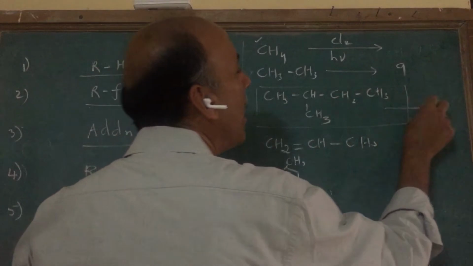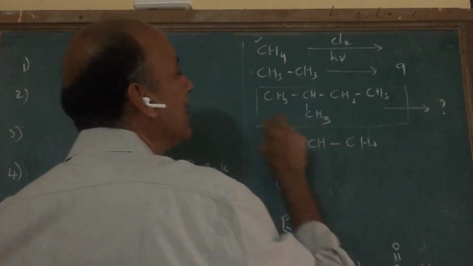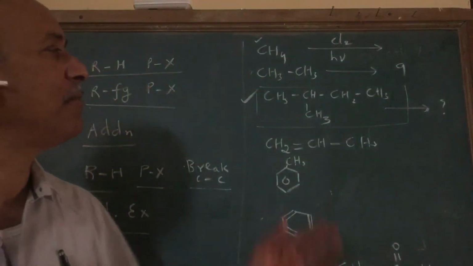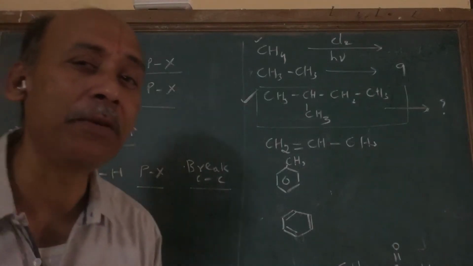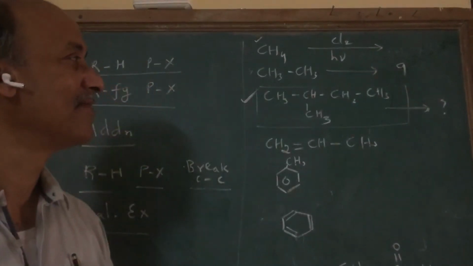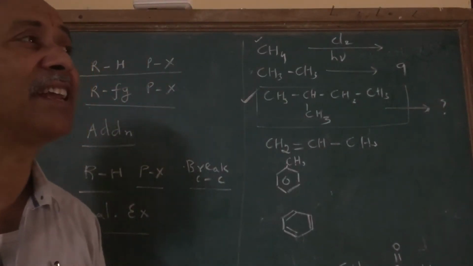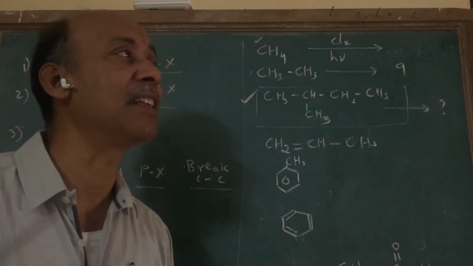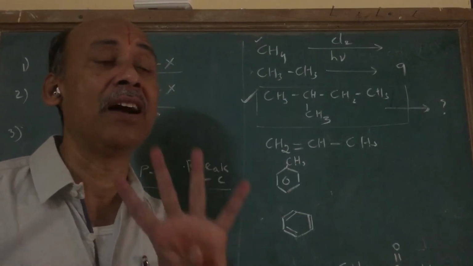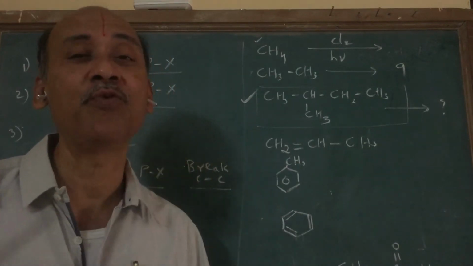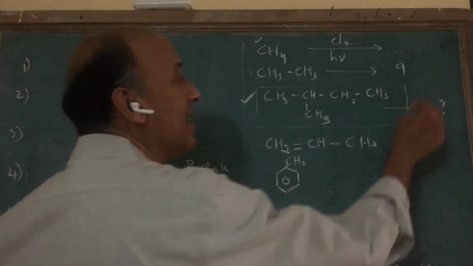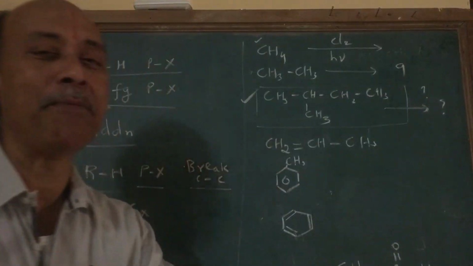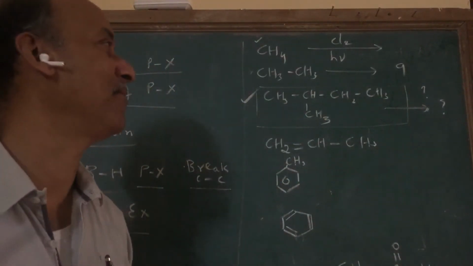Can you guess, on monohalogenation, how many products this 2-methyl butane can give? In fact, it can give 6 different products, which on distillation can be separated into 4 fractions. It is a challenging objective question. Think it over, get back to me if you don't get my point.